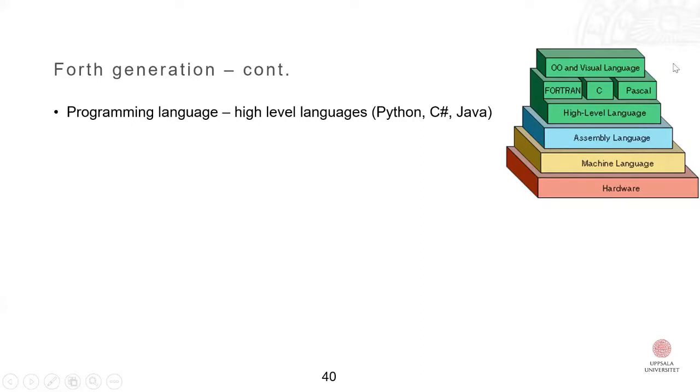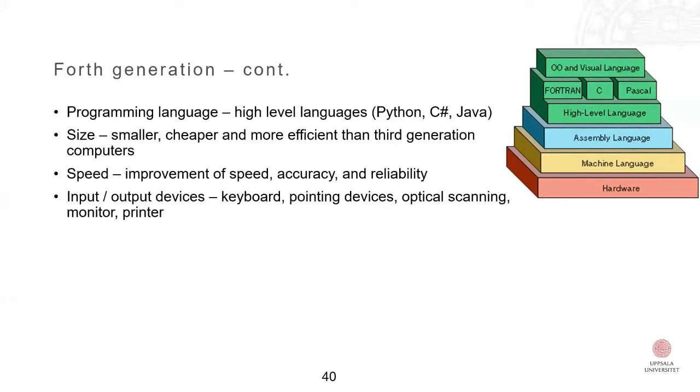And now we have Python, C#, etc. in this generation. Programming with high-level languages is easier and they are more human readable, but they require more intelligent computers. This is why we didn't have them from the beginning.